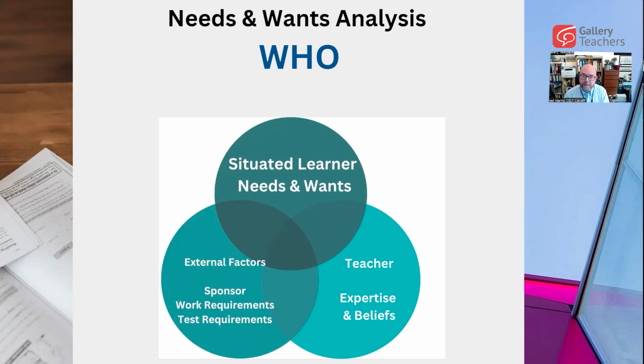But we also need to consider in the needs analysis that we as the teacher have a role to play. We may, based on our expertise and also our beliefs, layer into that process certain things that the learner is less able or unable to identify.